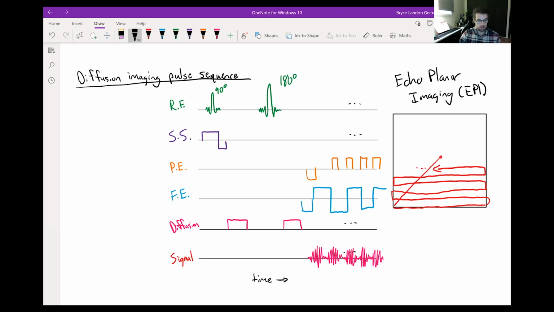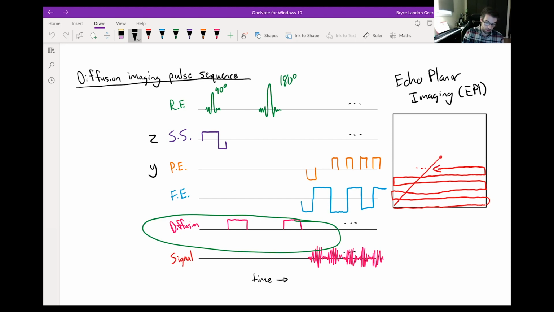But this is essentially what a diffusion-weighted imaging sequence looks like. It's a classic spin echo sequence, but with this added line in the pulse sequence for diffusion. And I just want to mention this diffusion-weighted line. In reality, it's a combination of our Z, X, and Y gradients, right? The slice selection gradient coil creates magnetic fields in the Z direction, bottom to top of the body.